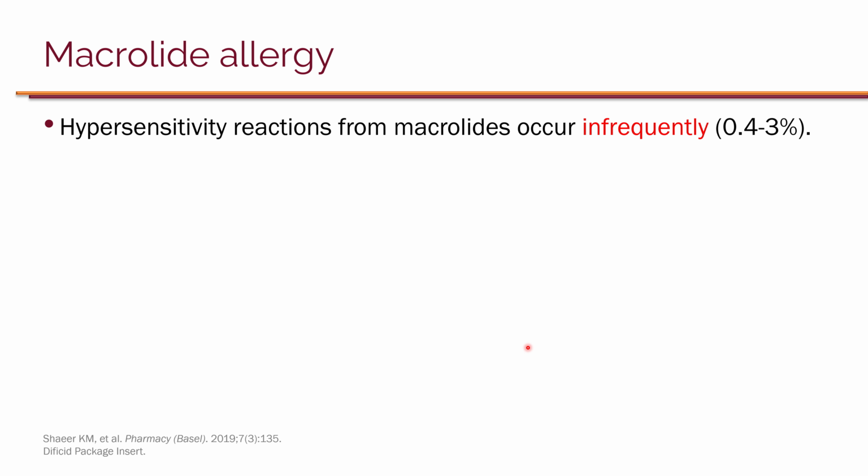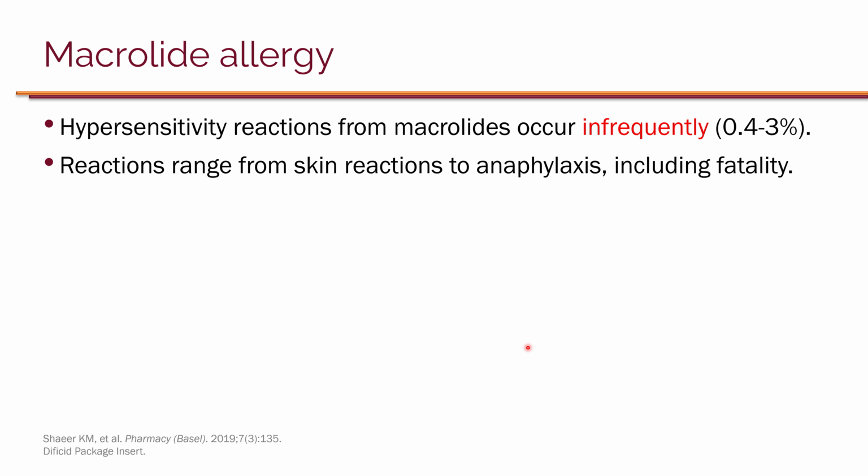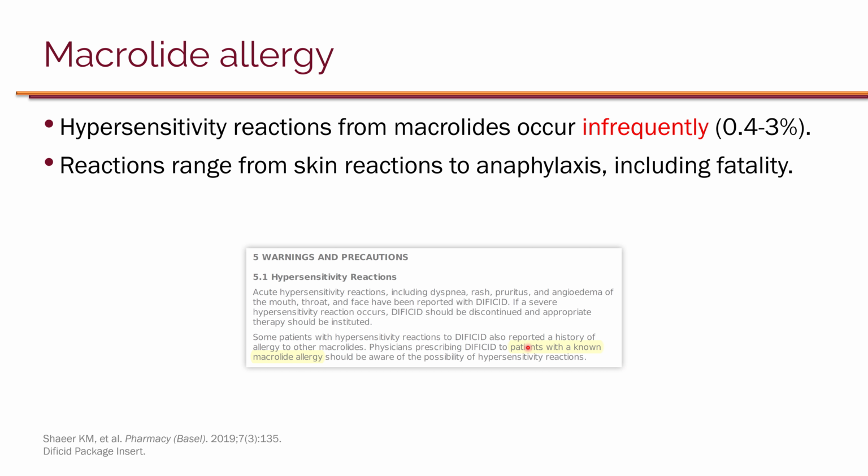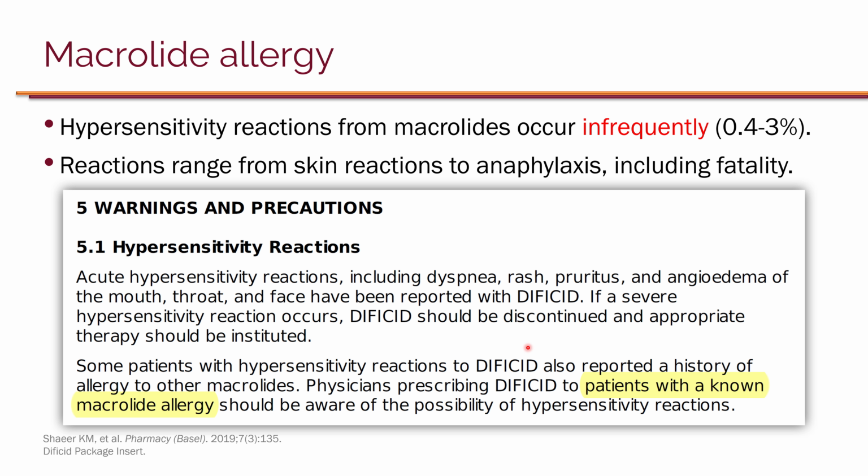Now let's take a look at macrolide allergy. Hypersensitivity reactions from macrolides occur infrequently, as low as 0.4 to 3%. Reactions that are reported in the literature range from skin reactions to anaphylaxis, including fatality. Now, in the package insert, there is a warning from the FDA for Dificid, which is fidaxomicin, a macrolide.